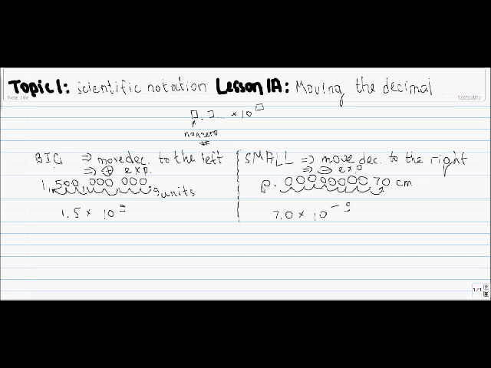Alright, so the next example is about trying to understand how to make a backward conversion. So for example, notice that so far we converted a number to scientific notation. Right now what we are trying to do is take scientific notation and convert to a number.